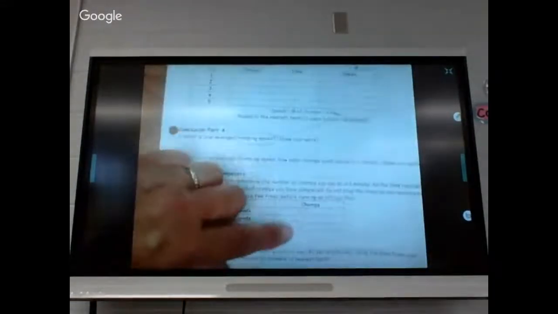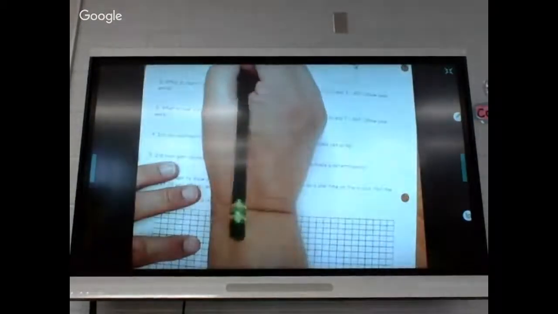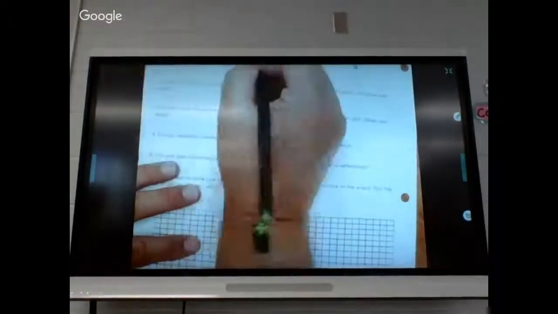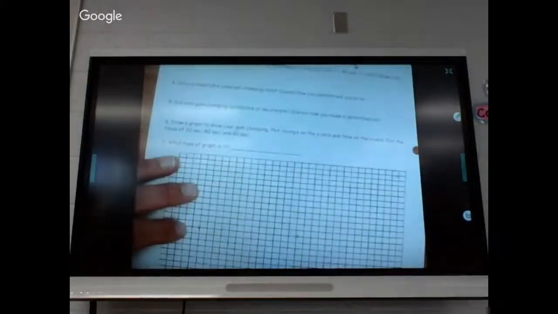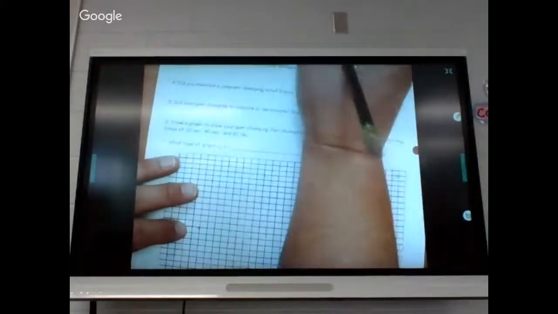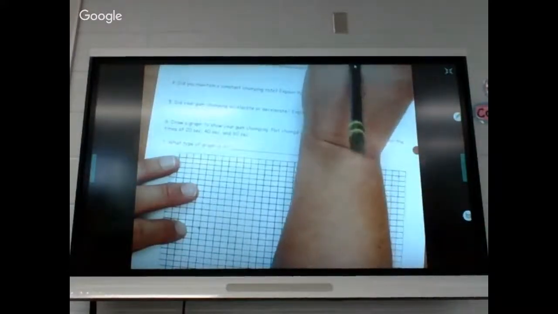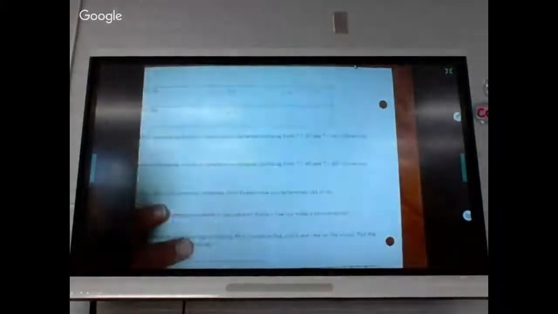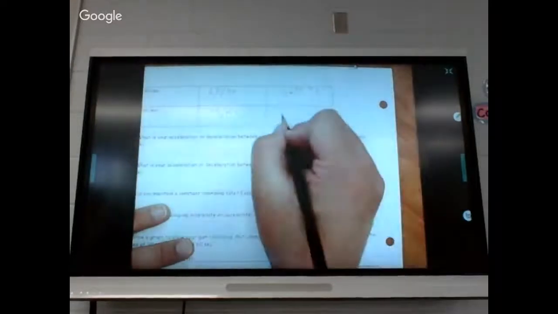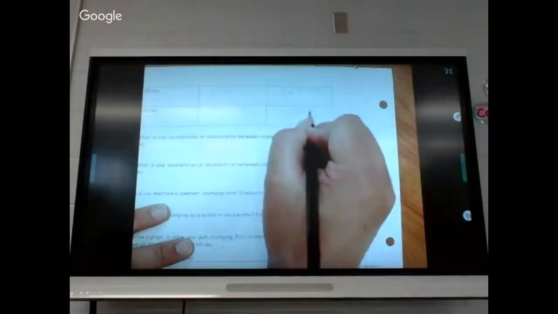Then I'm going to take my other numbers. 67 divided by 40 seconds. And then I've got 145 divided by 60 seconds. So 67 divided by 40, I've got 1.675 chomps per second. And 145 divided by 60 gives me 2.41 chomps per second.